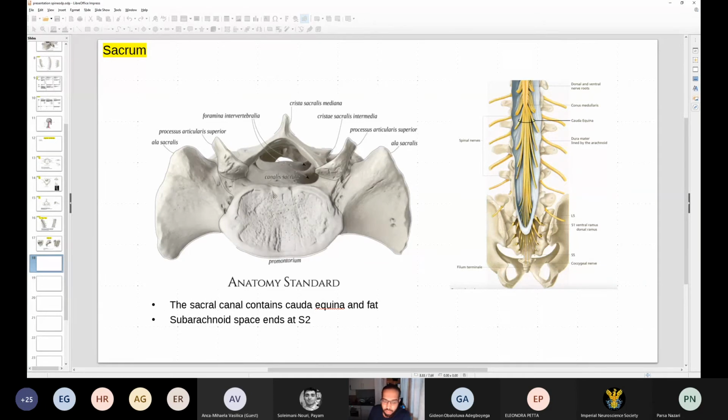So the subarachnoid space. This is also very common because one of the most commonly affected intervertebral discs is the disc that lies between L5 and S1, the fifth lumbar and S1, which is this bit here, the disc that sits on top of this vertebra.